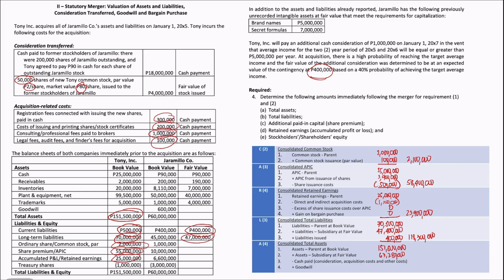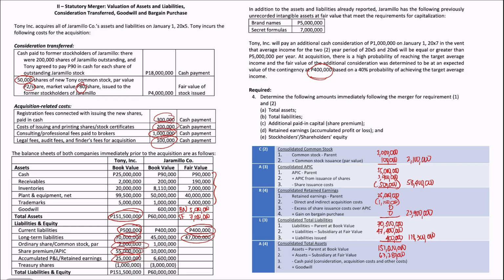This consists of the assets already in the balance sheet plus brand name 5 million and secret formula 7 million. These add up to 63,280,000.